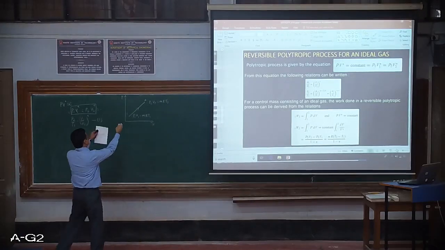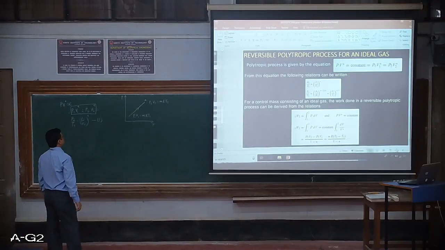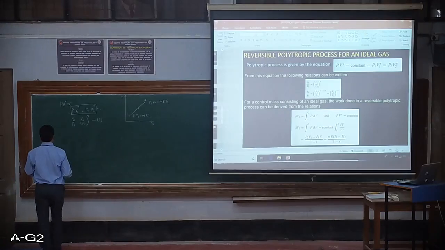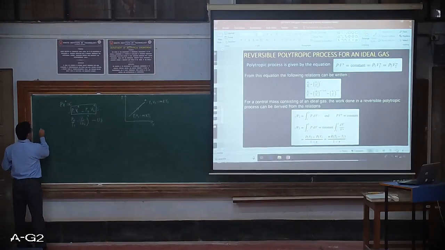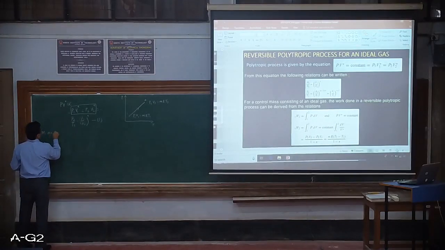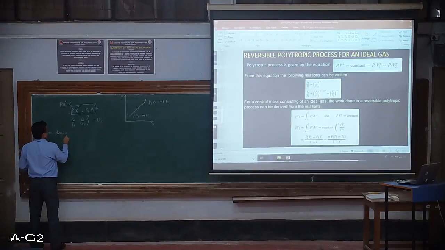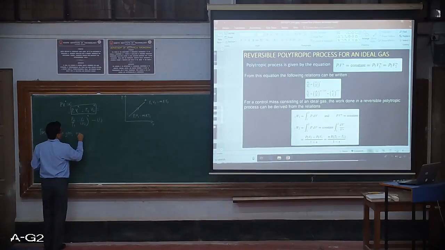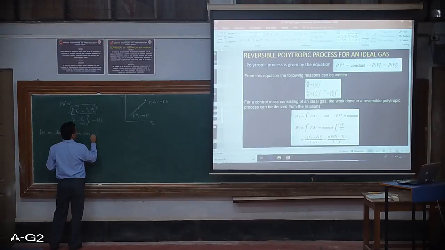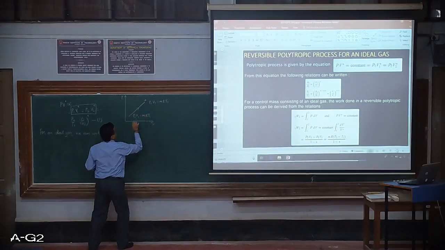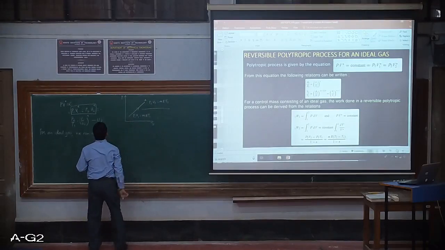So for an ideal gas we can write these two expressions, and I am clubbing them by taking the ratios.